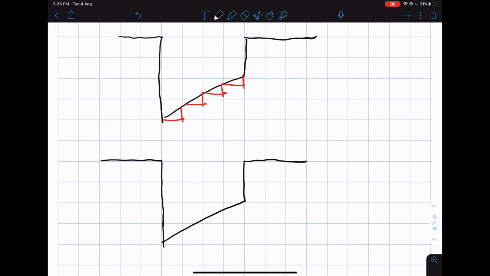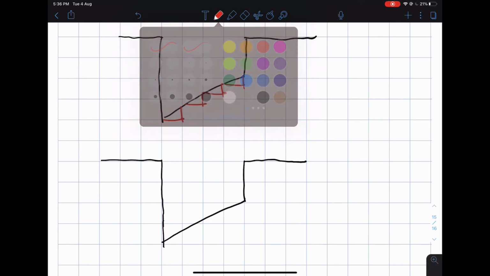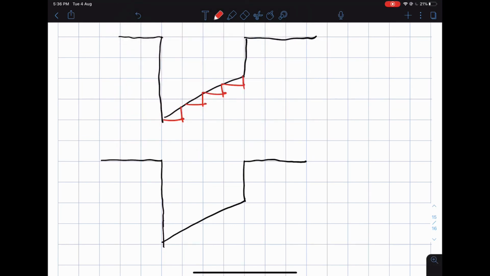So for this, our wave function will be something that is continuously changing. Here the wavelength is smaller, here the wavelength is larger, here the amplitude is smaller, here the amplitude is larger.